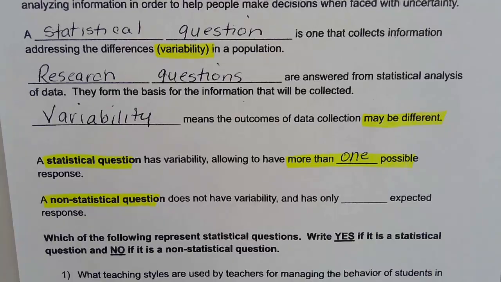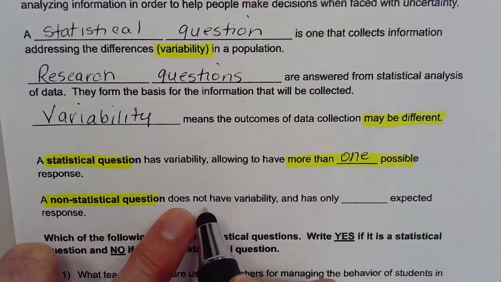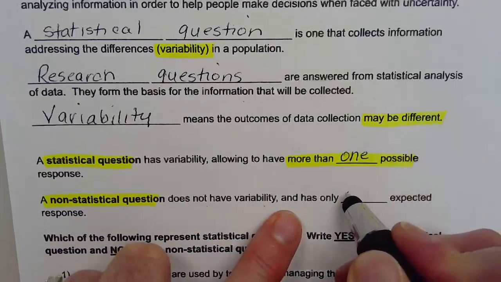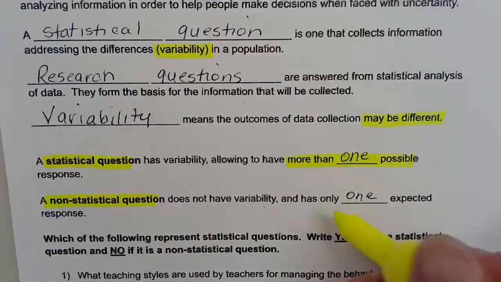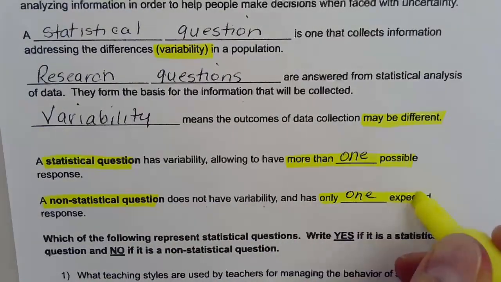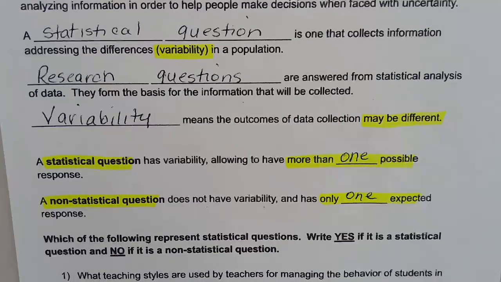If when you ask that question, you get a variety of answers, then it's considered statistical. A non-statistical question does not have the variability and has only one expected response. So there's only one. This takes practice. So thinking about what we just talked about, we're going to decide if it's yes, statistical, or no, if it's not statistical.